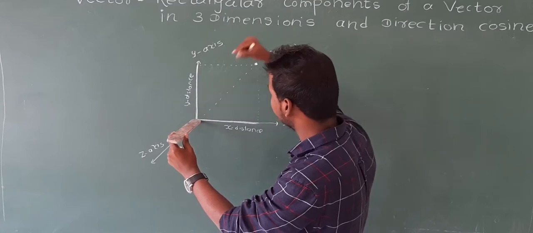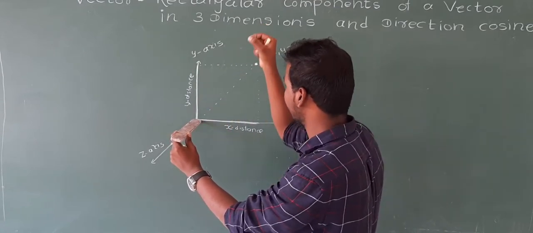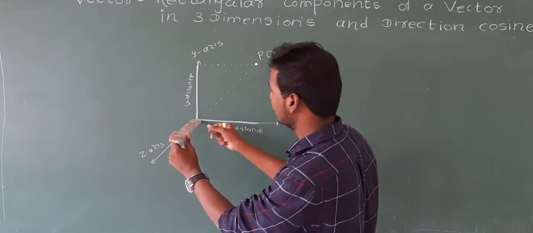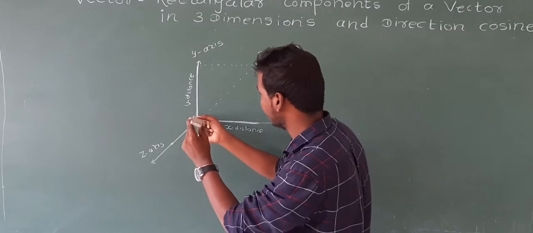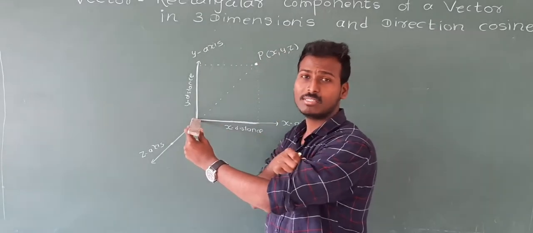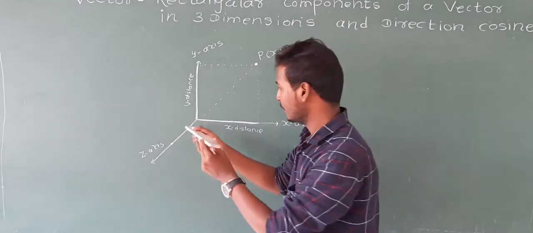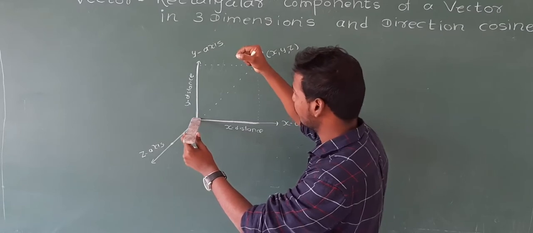So on the x axis distance, on the y axis distance, on the z axis this is the distance. But now it is two dimensional, that's why I have to do it like this. Actually the z axis is like this. Again I am repeating because I don't want to confuse you. See again, point P is not here, point P is somewhere here.